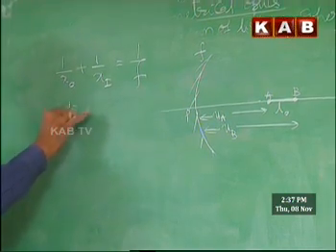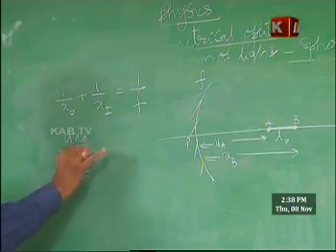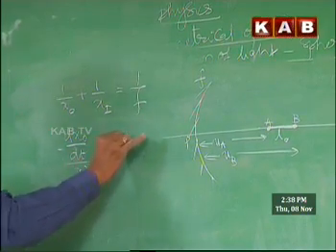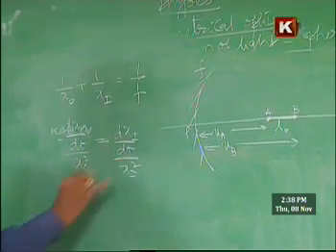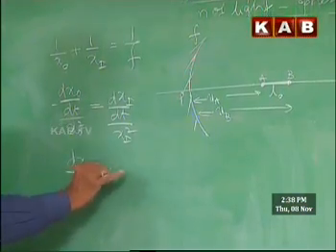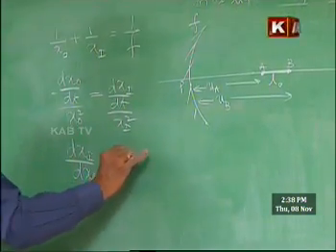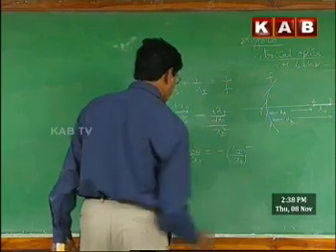So therefore, dxo by dt by xo square is equal to dxi by dt by xi square. So dxi by dxo we can write as minus xi by xo whole square.